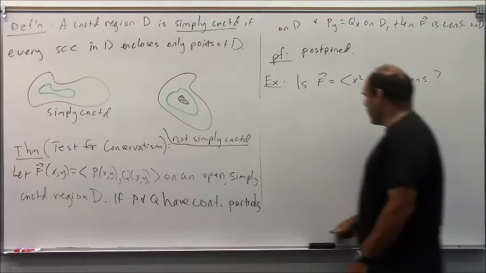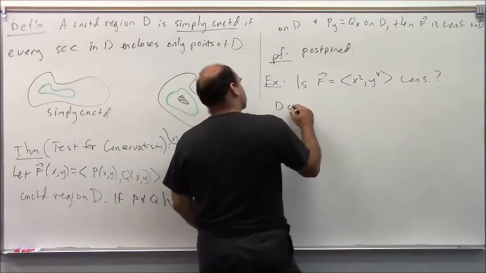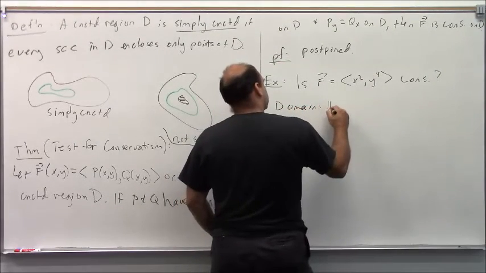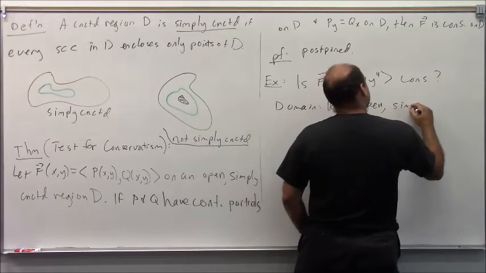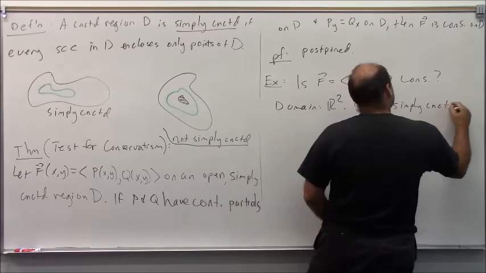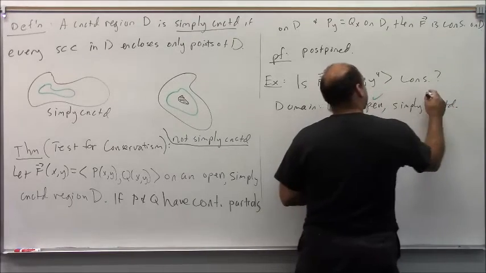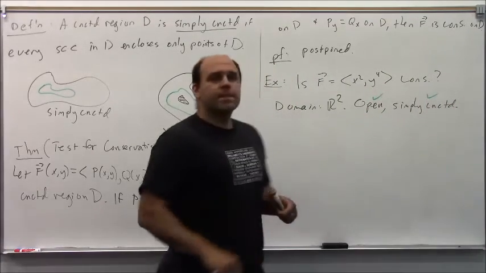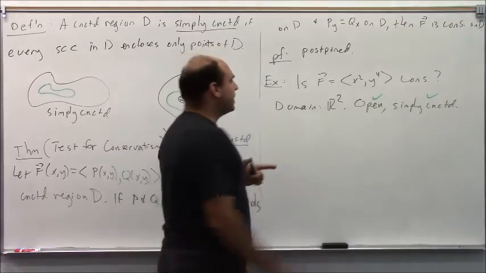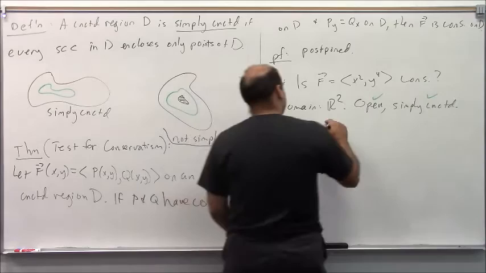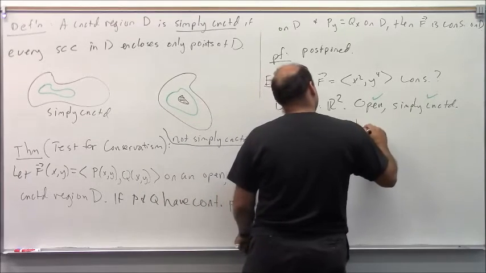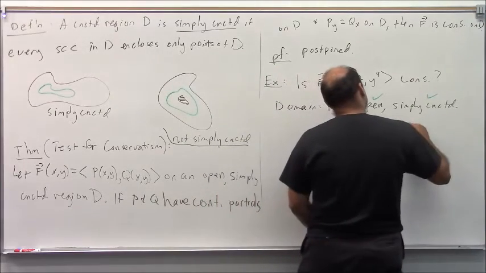All right, well, the domain of this is R2. That is both open and simply connected. So check, check. So we have those. The components of F, the P and the Q, are polynomials, so they have continuous partials.